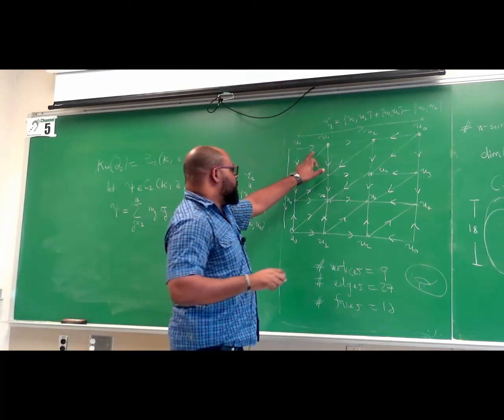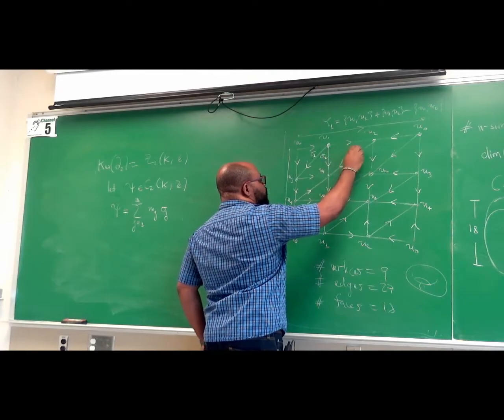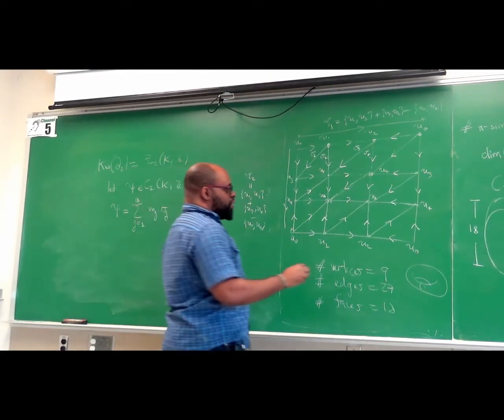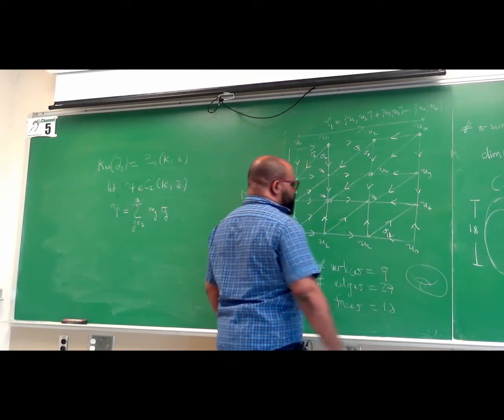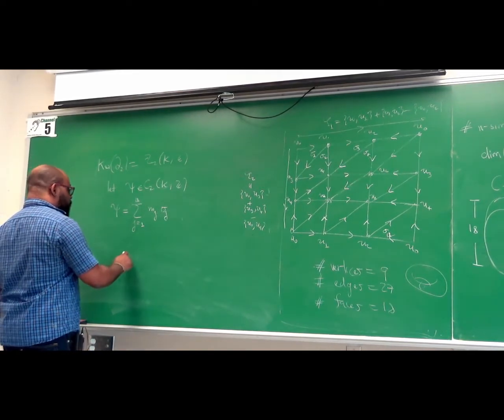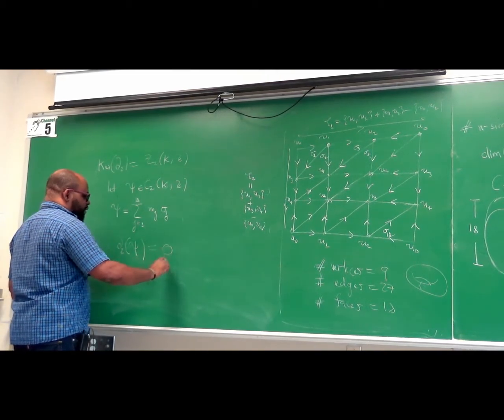And what are the sigmas? The sigmas are these guys, right? So this is maybe sigma 1, sigma 2, sigma 3, sigma 4, and so on, until I get to sigma 18 over here. And then what I want is that when I compute the boundary, I get 0. This is what I want.